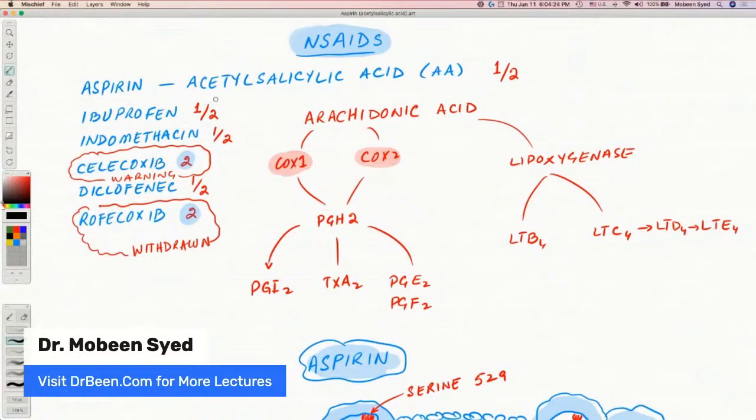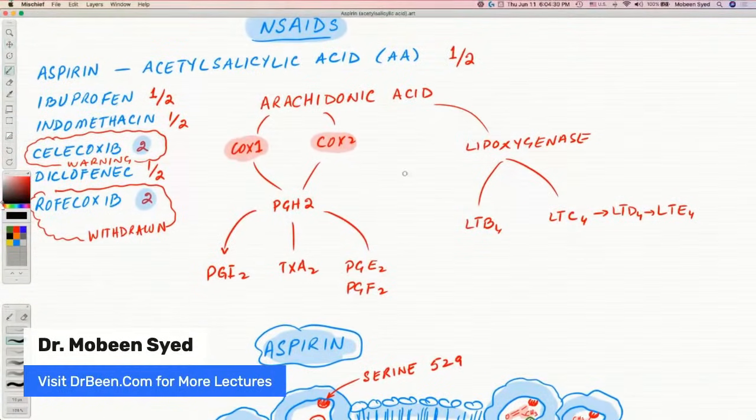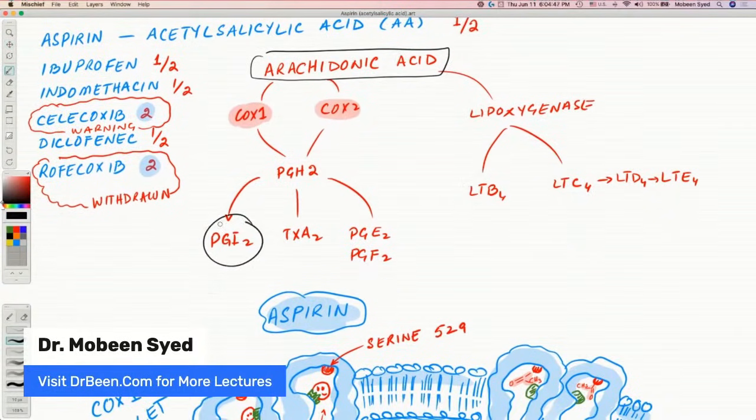Aspirin is also called acetylsalicylic acid, which is the chemical name for this. This chart is again the same thing as yesterday. Arachidonic acid is operated upon by COX-1 and COX-2 enzymes. These enzymes help produce PGH2, which then helps produce PGI2, thromboxane A2, and so on.